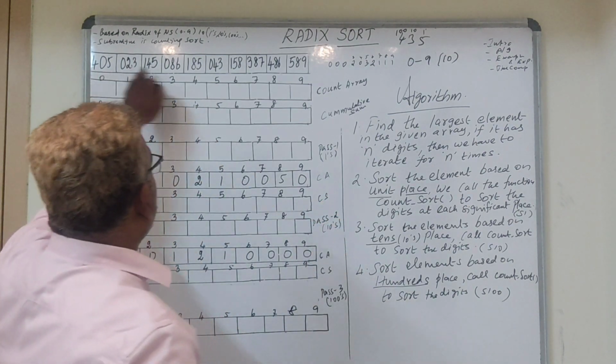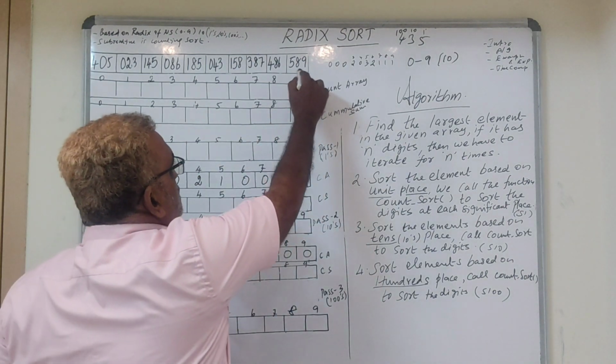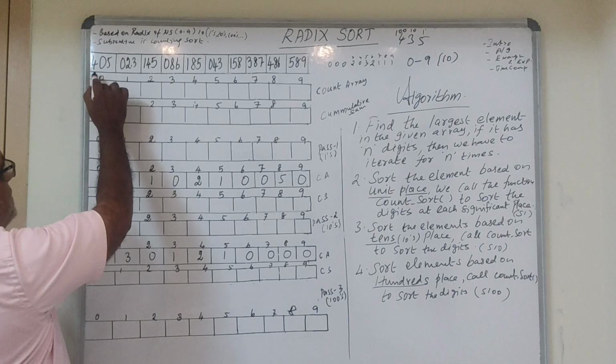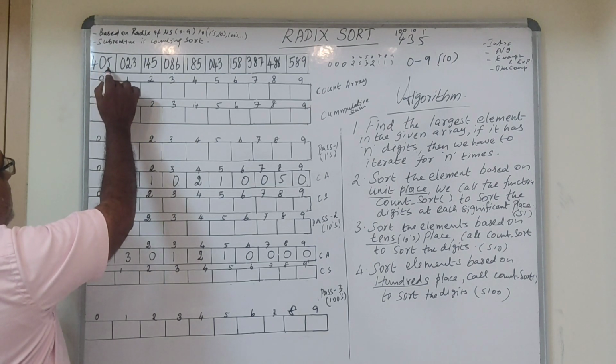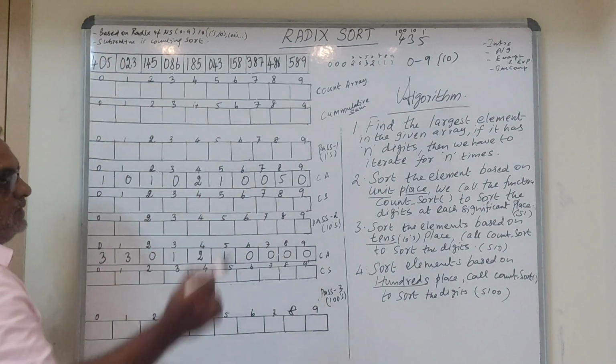This is the example given here, in which you have to consider the 1's position of all the given numbers. If you take 405, you consider the first digit, that is 5.